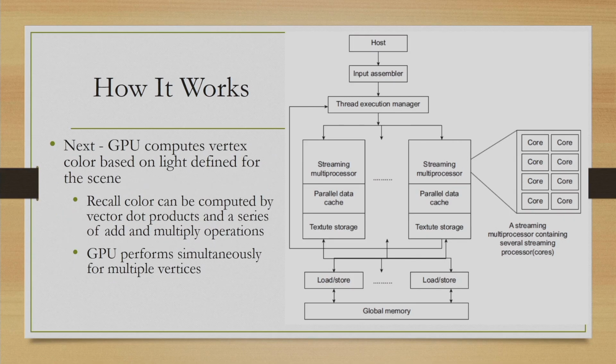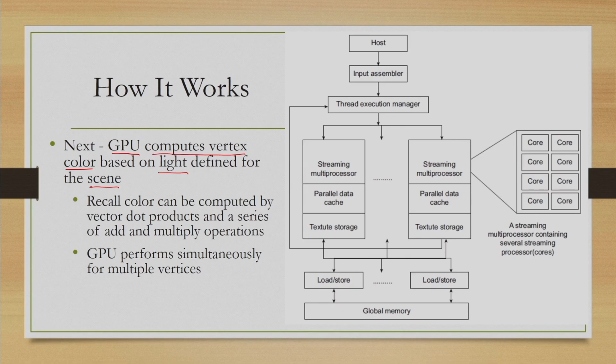So, after modeling transformation, GPU computes vertex color or the lighting stage is performed. Now, this is done based on the light that is defined for the scene. So, some light source is assumed and based on that light source this coloring is done. Now, why GPU is suitable for computing colors?